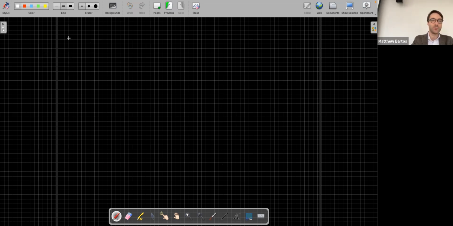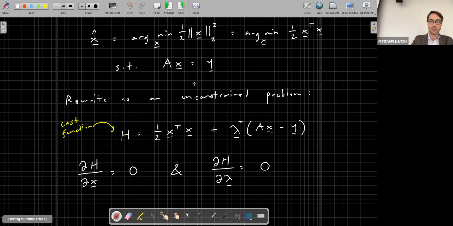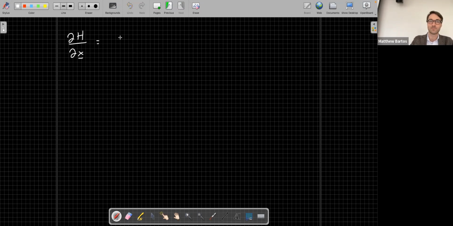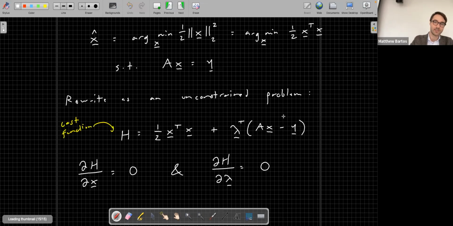If we compute dh/dx, we know this is just going to be x, plus this expression here, which, if we take the derivative with respect to x, will give us A transpose lambda.